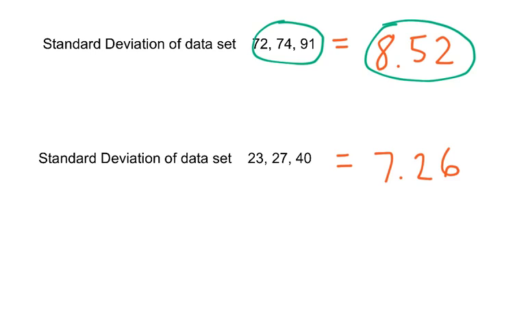We calculate the standard deviation and we see, well, this class had scores that were more consistent than the other because their standard deviation was lower. Really, the use of the standard deviation is going to come into play when we study the normal curve, but it does give us a way to measure how spread out a data set really is, and we can compare data sets to each other using standard deviation.